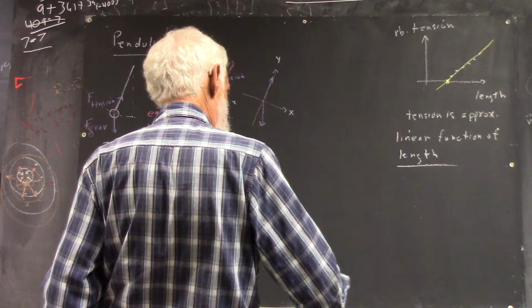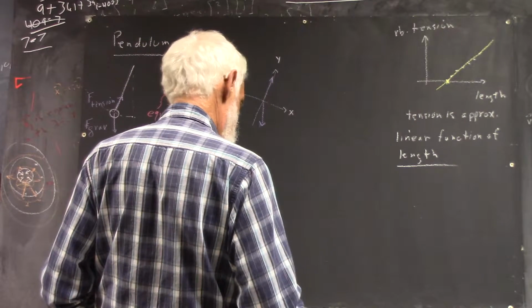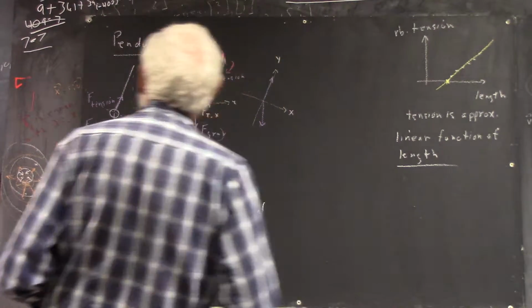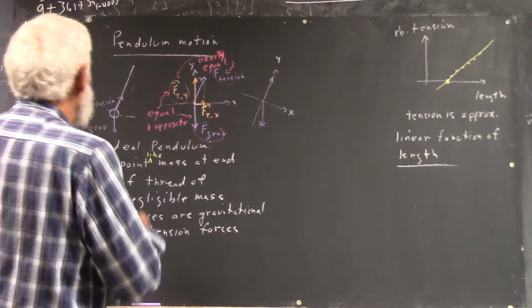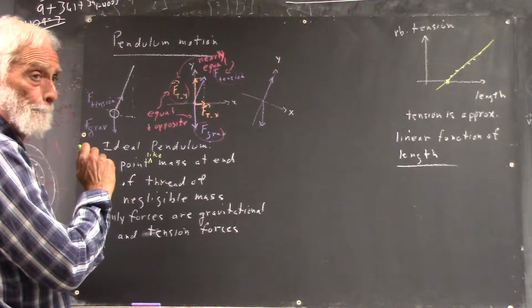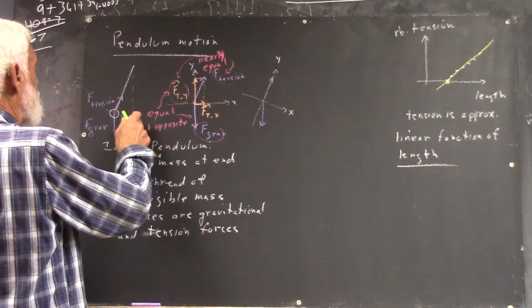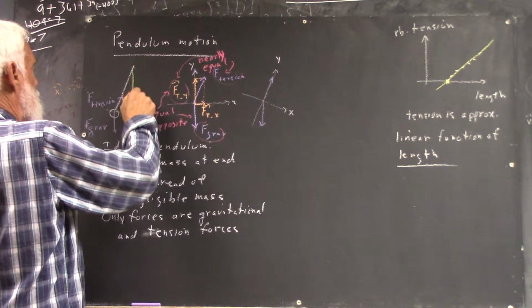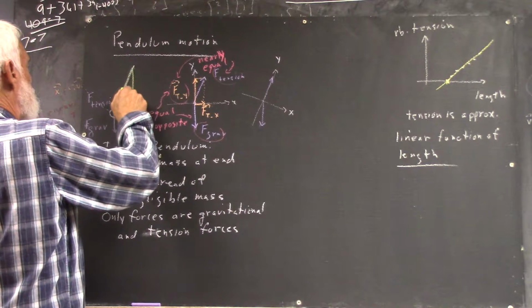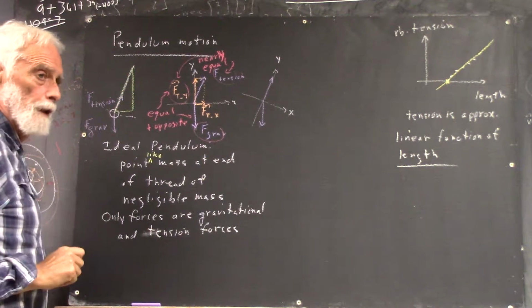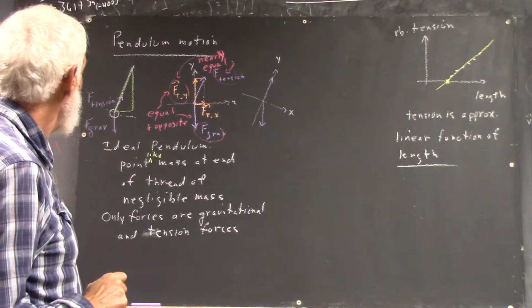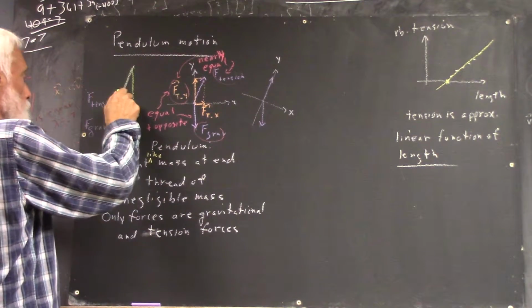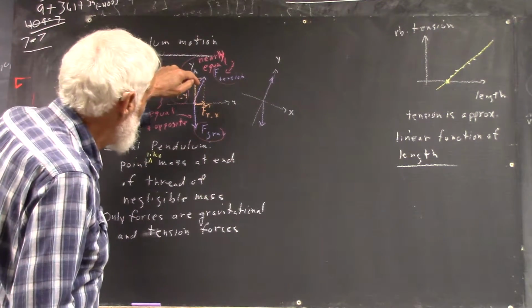we can sketch a triangle over here. Okay, we can sketch this triangle. Okay? And this triangle is geometrically similar to this triangle.